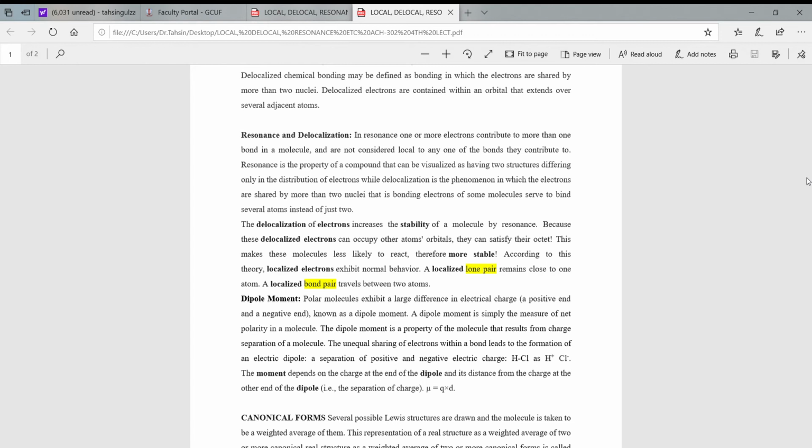When electrons forming a bond pair are fixed between two atoms, involving two elements, it is simple, it is localized. But when bonding electrons are shared by more than two nuclei, this is a delocalized chemical bond.